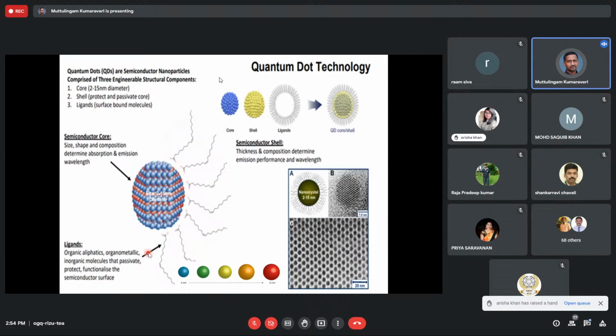So it helps to make a good ink. The ligand actually helps the processability of making thin films. This is just the TEM of the quantum dots, and there are different shapes of quantum dots. We are going to see that.